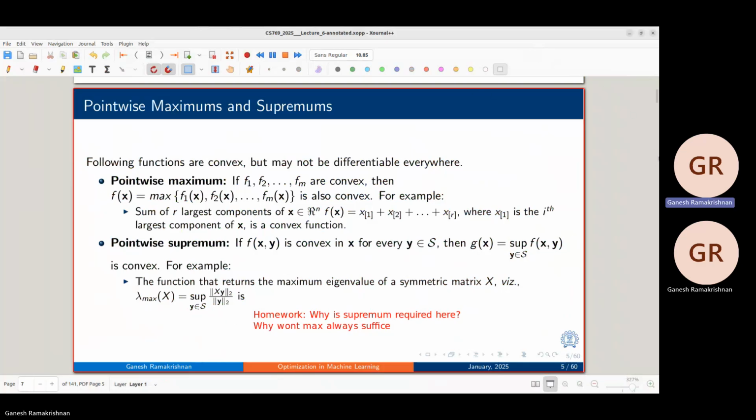Okay, so I will now move to the next, probably the last element of this calculus. In terms of calculus, we talked about compositions. Before compositions, what all did we discuss? Affine transformations, two norms, compositions, h of g.